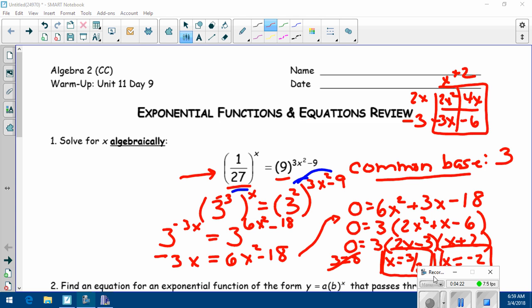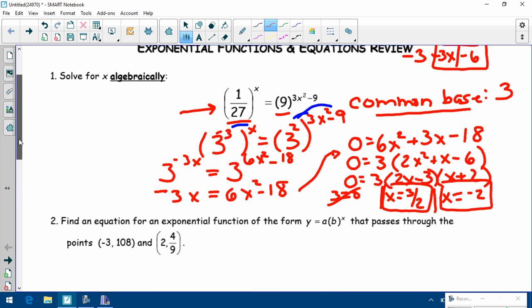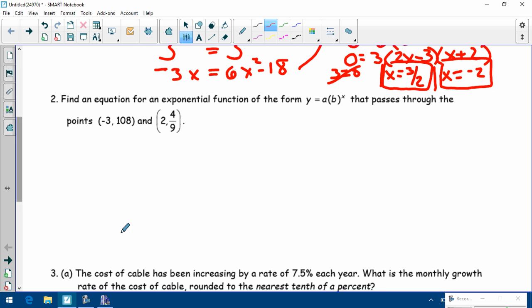Moving on to number two. Okay, number two, I'm going to need my calculator for. Find an equation for the exponential function of the form y equals a times b to the x that passes through the points (-3, 108) and (2, 4/9). So remember, the easiest way to do this is by using a regression equation. So I want to see a table.